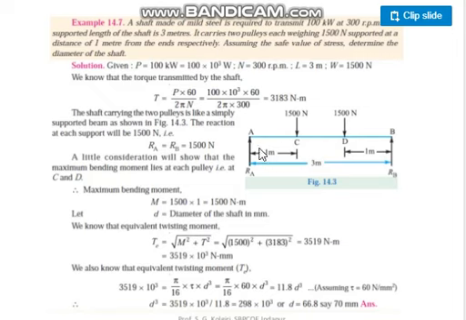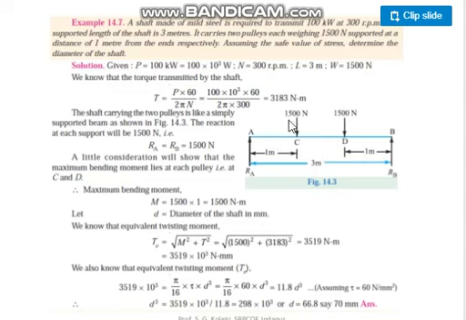Okay, you see, like in this figure, there is a shaft AB, and A and B are bearings. The distance between them is 3 meters. And 1 meter from either side there are two pulleys, each weighing the same, 1500 newtons. From this side it is 1 meter, that side also is 1 meter.